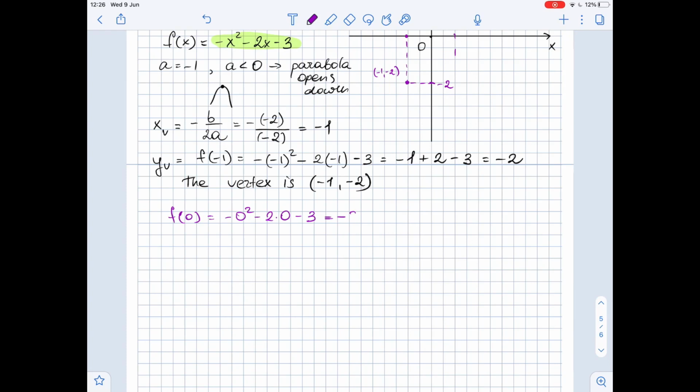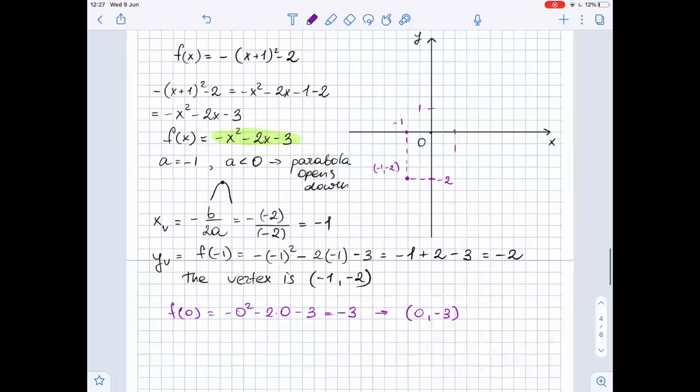So we get another point, which is 0, negative 3. Let's depict it here. x is equal to 0, y is equal to negative 3. So right here.